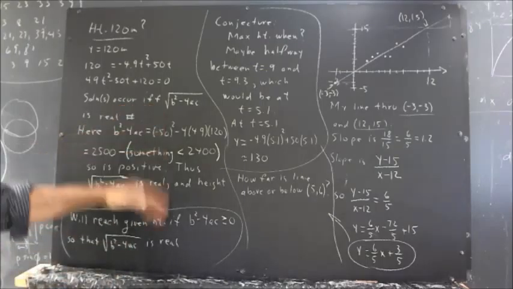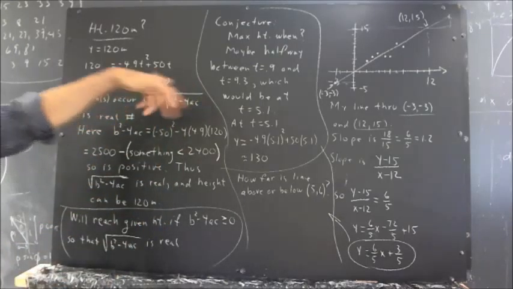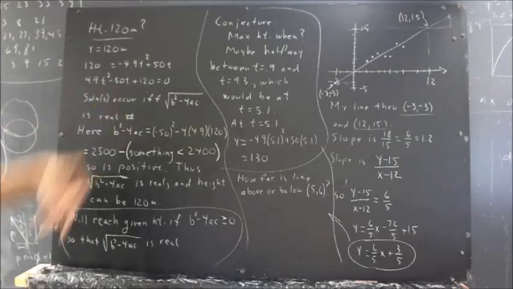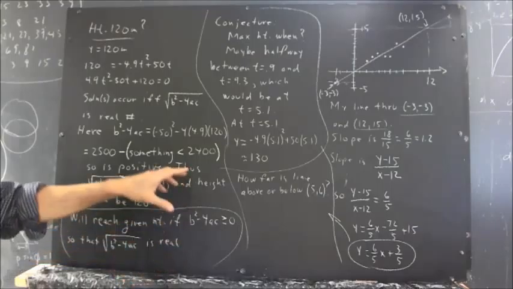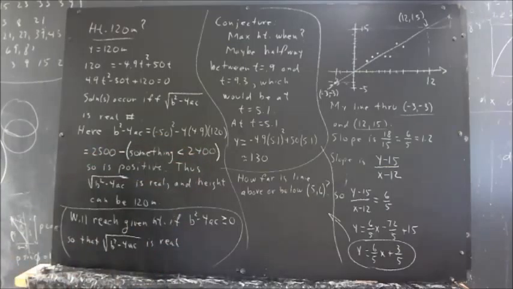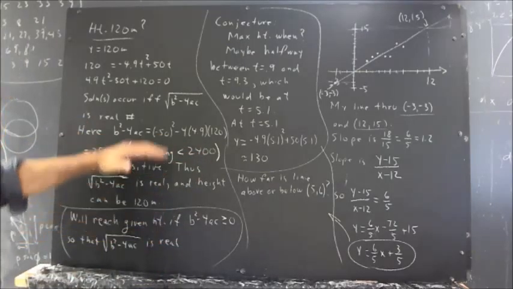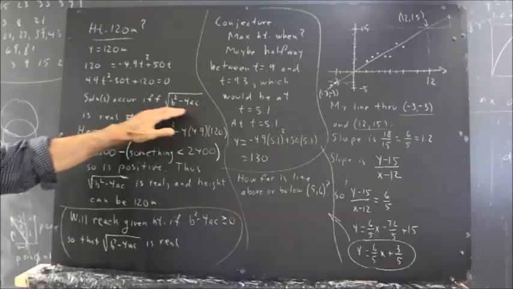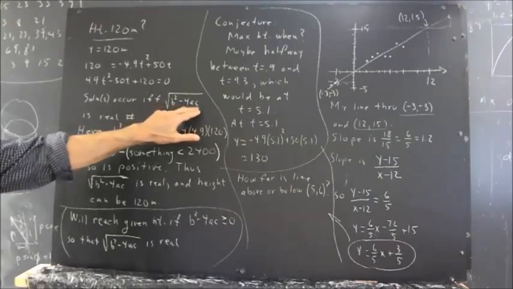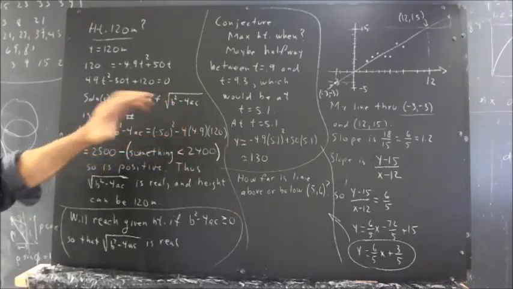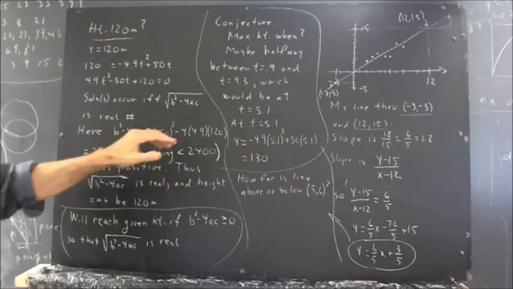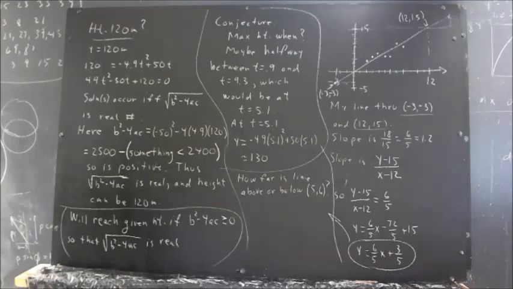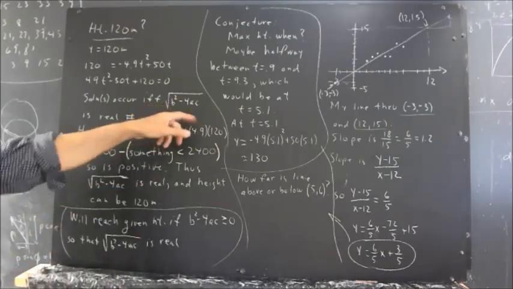Now, whether you understand this way of concluding that this quantity is positive, or have to go to a calculator and hopefully put the numbers in right and verify that it's so, the main thing you need to understand is that this is the test, that b squared minus 4ac can't be negative. It can be positive or it can be 0, greater than or equal to 0. And we could test, is this greater than or equal to 0?